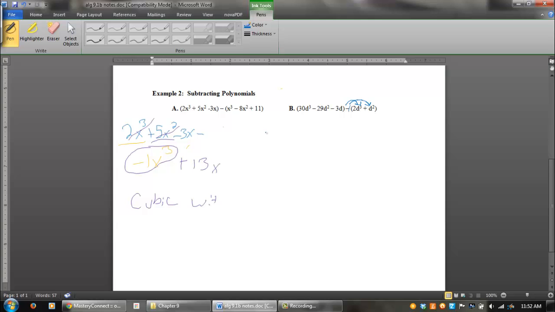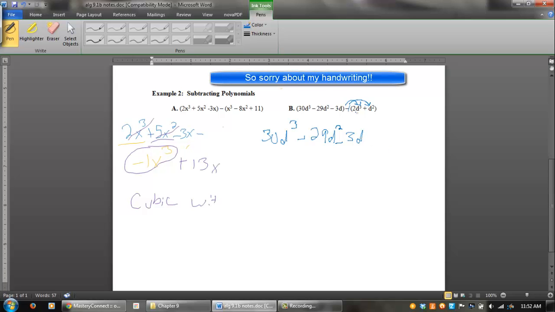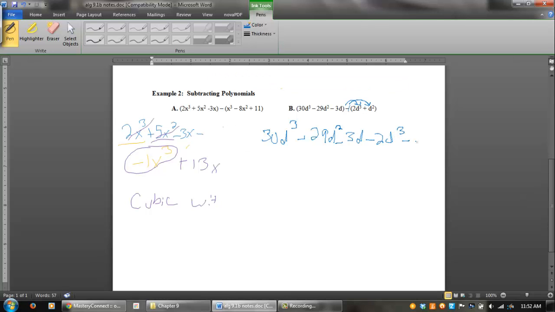The first one just stays the same: 30d to the third power minus 29d squared minus 3d. Negative 1 times 2d to the third power, that's negative 2d to the third. And then we have negative times positive d to the second. That makes it a negative d to the second power.